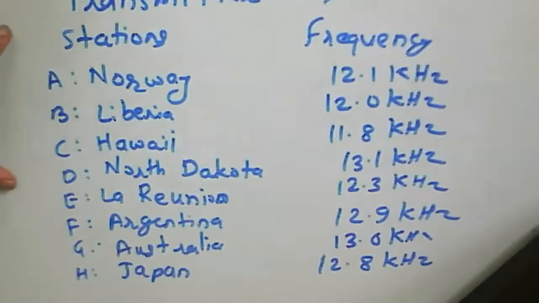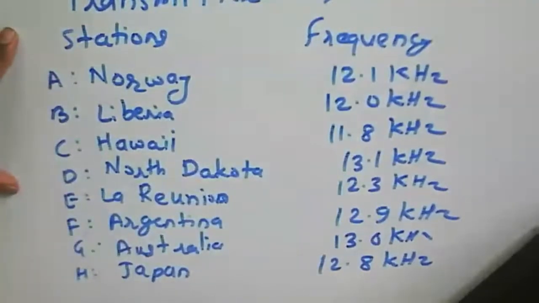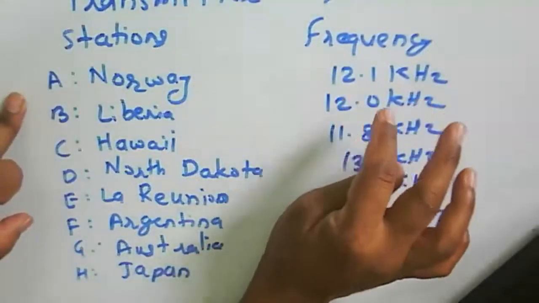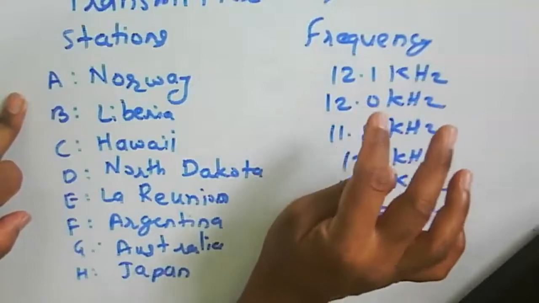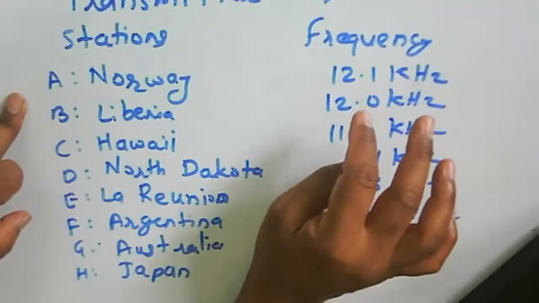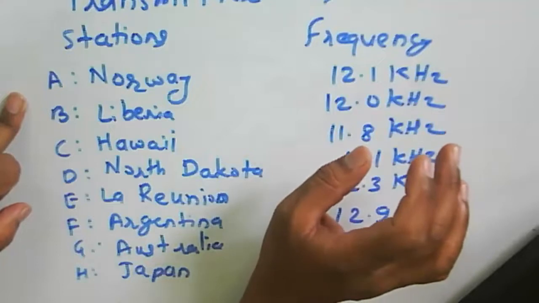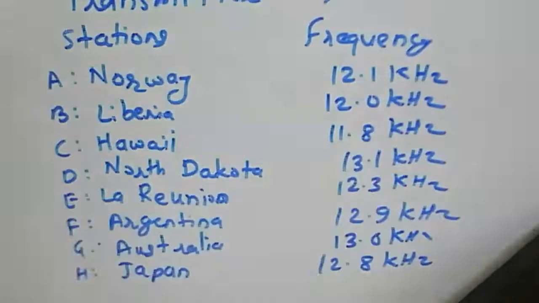Each Omega transmitting station transmits frequencies between 10 kilohertz and 14 kilohertz. For example, in Norway the frequency is about 12.1 kilohertz. If you see the transmission format, it transmits signal frequencies from 10.2 kilohertz to 12.1 kilohertz by each transmitting station.